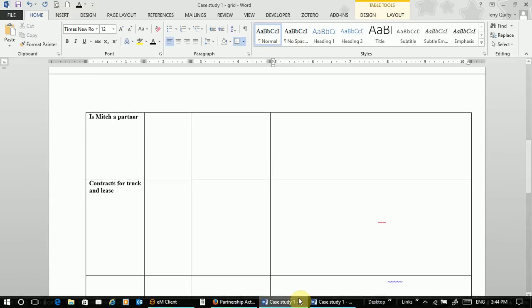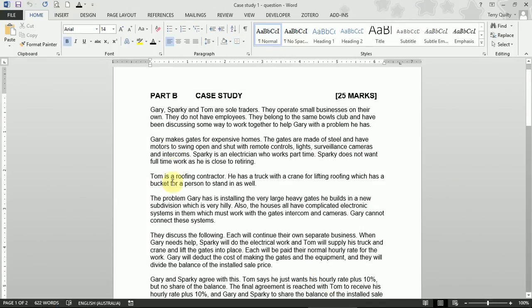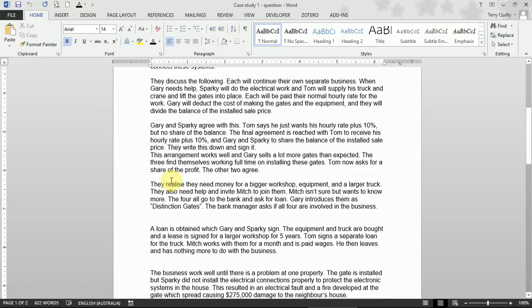In our case study, we then had further down this issue of Mitch, and that was in this section here. So they need money for a bigger workshop and they go to the bank. At this point, Mitch is clearly not a partner, but he's introduced to the bank manager as one of the partners involved, one of the four involved in the business of Distinction Gates.